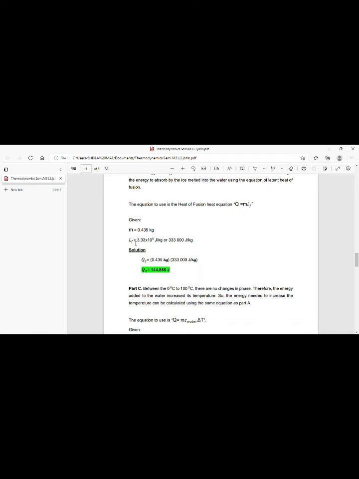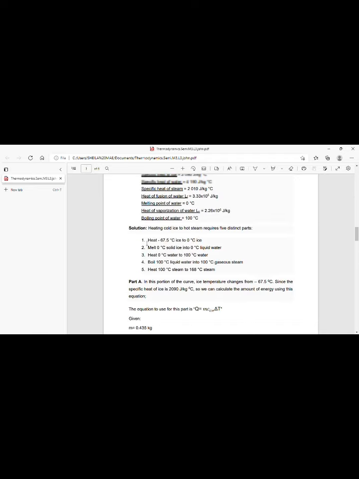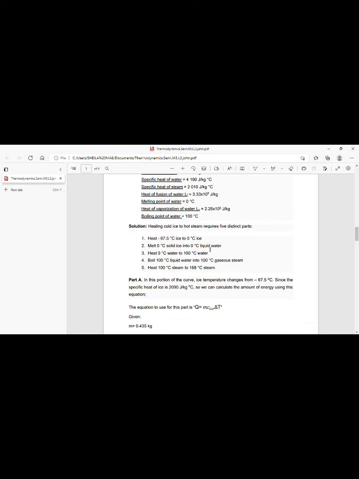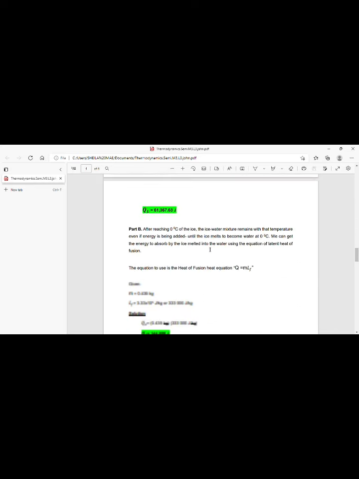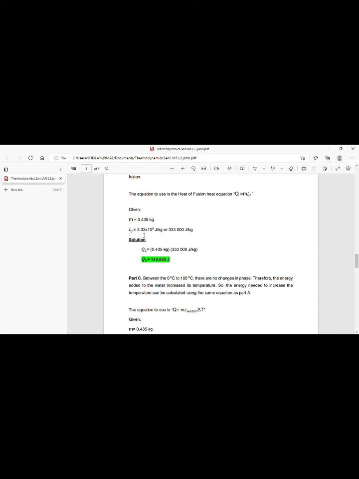The latent heat of fusion, as you can see here in our information, the heat of fusion of water is 33.33 times 10 to the power of 5 joules per kilogram. So this is our latent heat of fusion. We are going to convert it to 333,000 joules per kilogram.